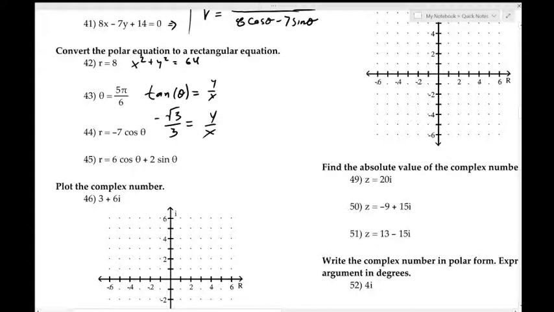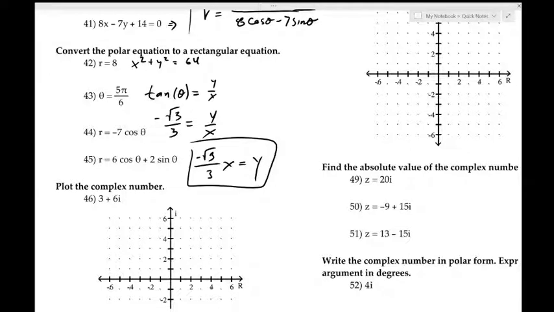Therefore, if you multiply to the other side, you get negative square root of 3 over 3 times x equals y, and that would be the rectangular equation that matches that polar equation.